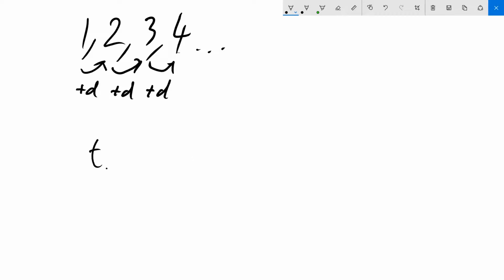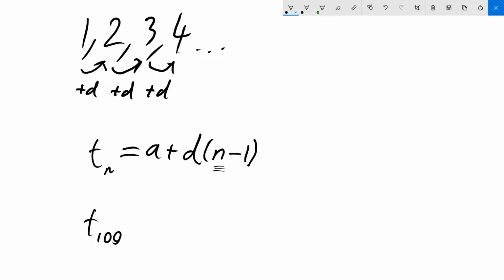We put our T and we say Tn, the nth term, equals a plus our common difference times the number of terms minus 1. Okay, so a couple of things. Why is n here? So n is referring to this n down here. So what it's doing is saying if you want to find the 100th term, you put d times 100 minus 1. Alright? You're just subbing in.